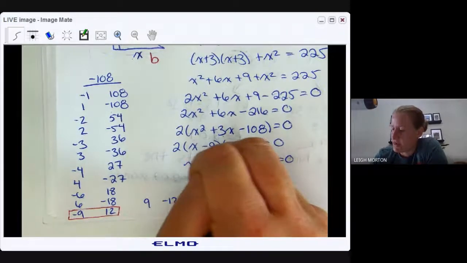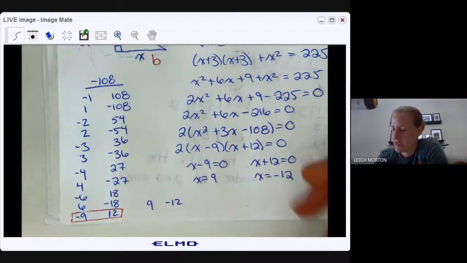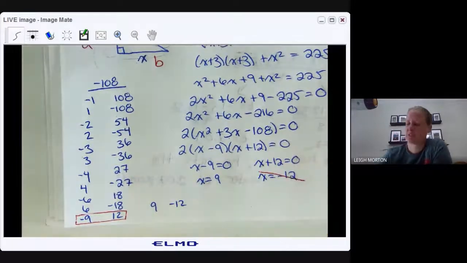We get x equals 9 or x equals negative 12. We can't have a negative length, so it's not negative 12.